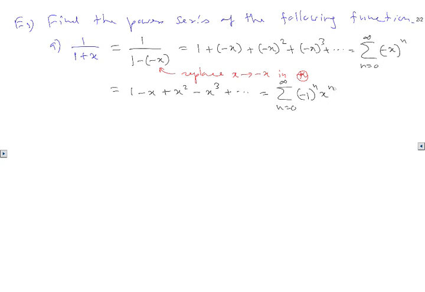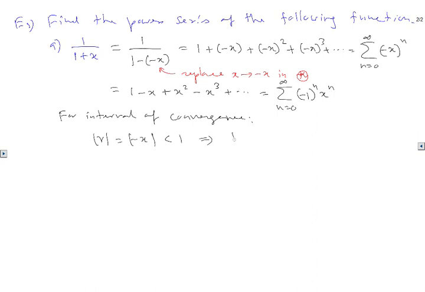So what is the interval of convergence? For the interval of convergence, we know this is a geometric series. Since this is a geometric series, the absolute value of r, which in this case is negative x, has to be less than 1.